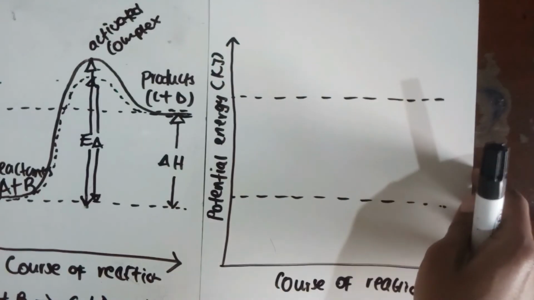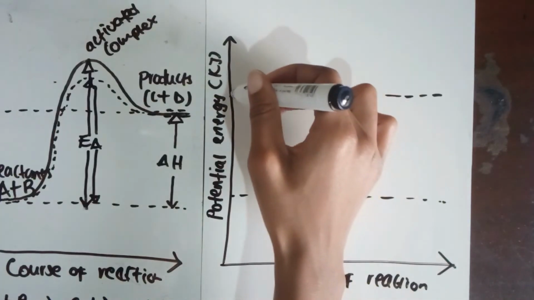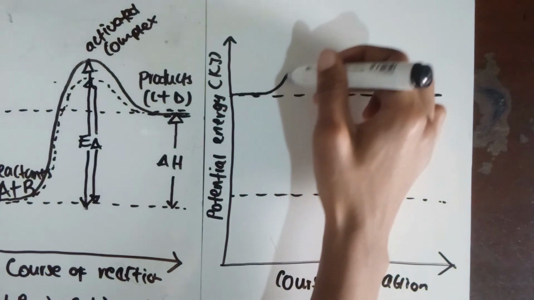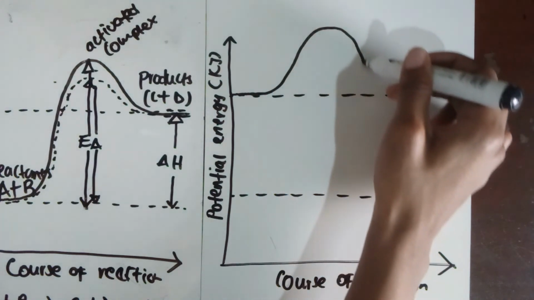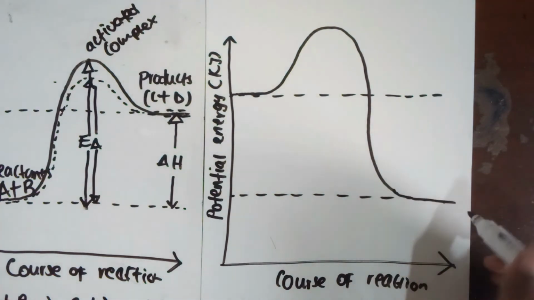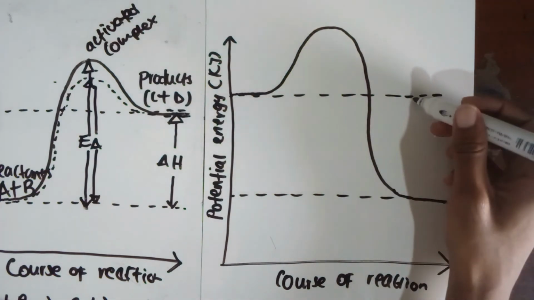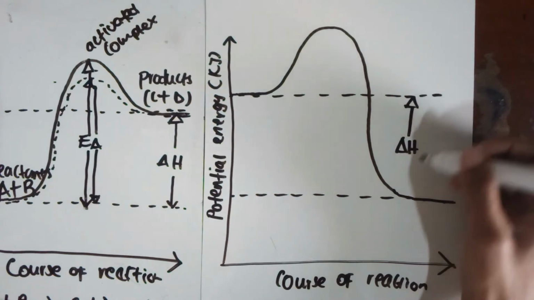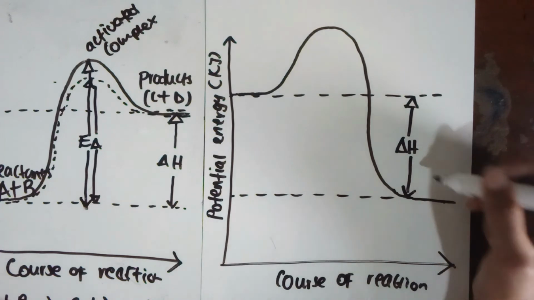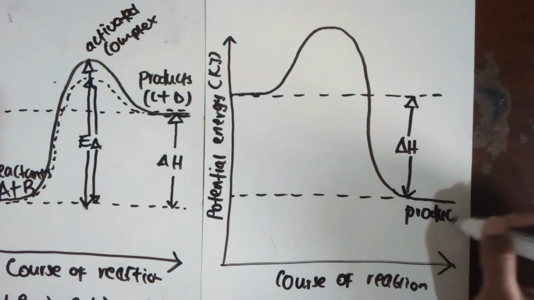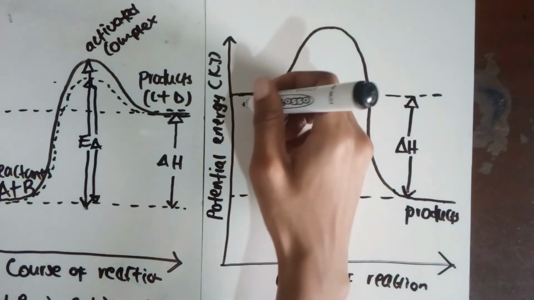When our reactants start, they will have a lot of energy, and then you'll see that the energy drops. That's the energy released, which is our heat of reaction or enthalpy, delta H, right? Cool.